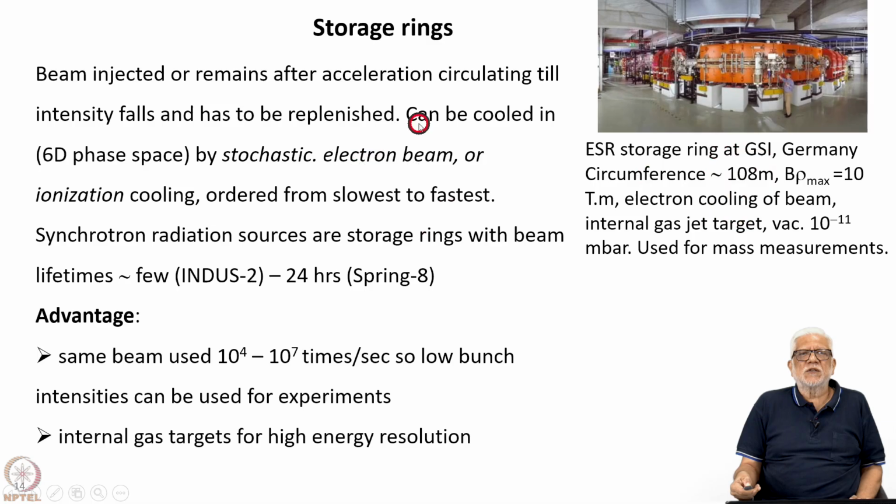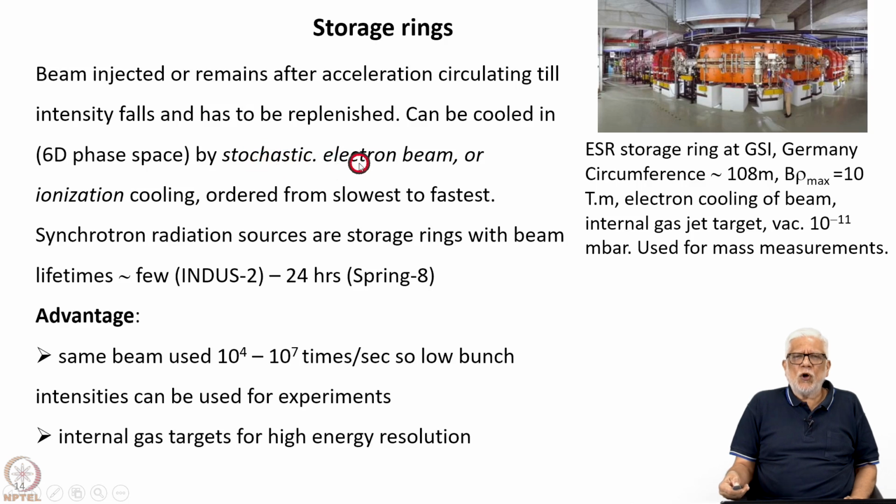So, in these storage rings, you have to first take the accelerated beam and then cool it, either an electron, proton, or heavy ion beam, and you can do cooling of this either stochastically, as was done by Simon van der Meer, or by electron beams. This is a faster method of cooling.